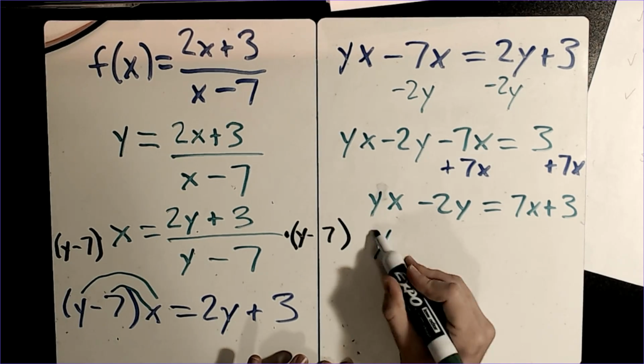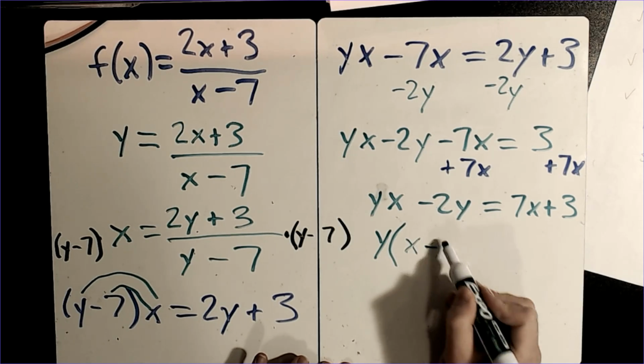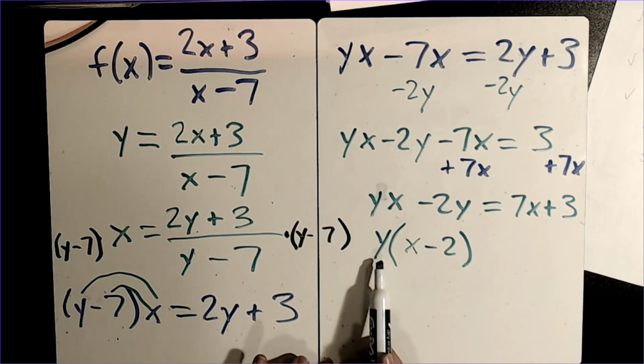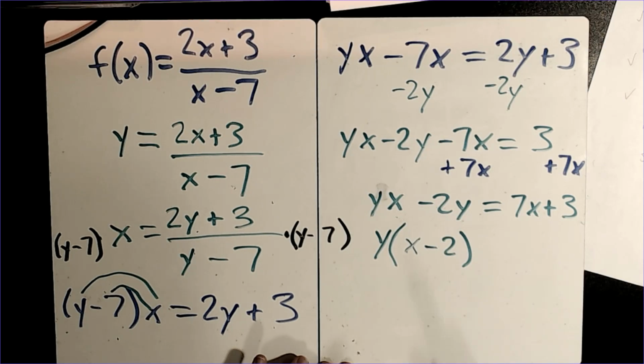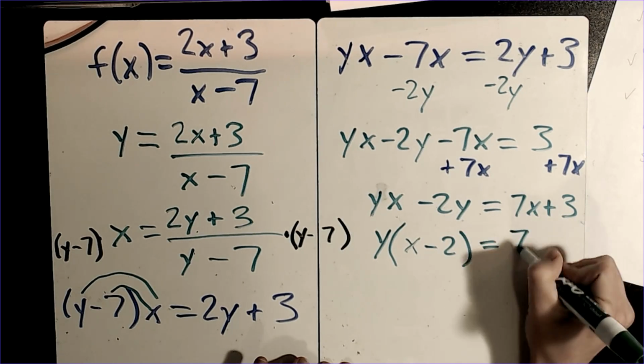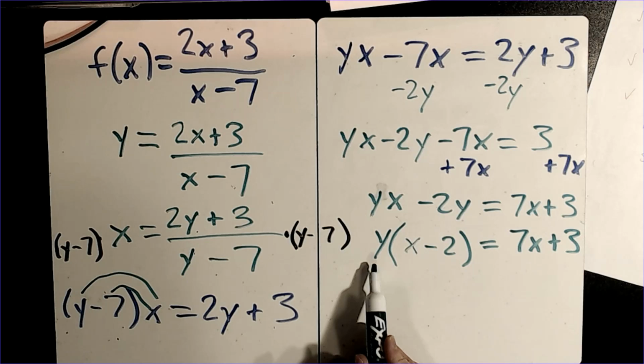There is the greatest common factor of y. We're going to just take it out. We get x minus 2. If we were to distribute this y in, we would get the same thing that we had there. So I'm just going to factor out that y to get it alone there. Okay, so we factored out the y.